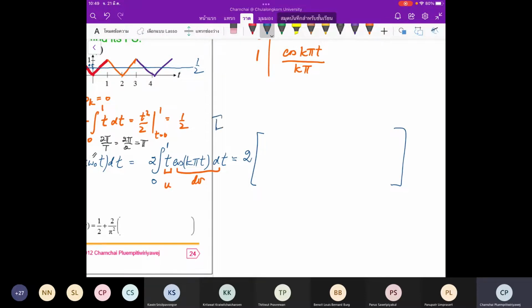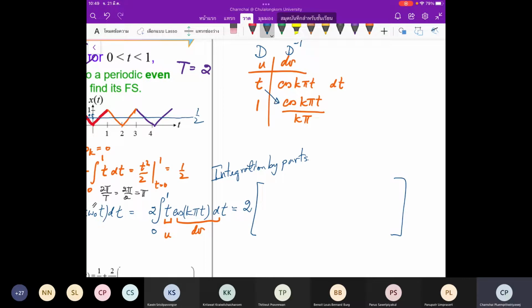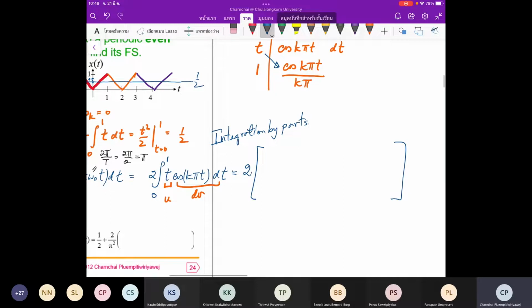This is integration by parts. So we have u times v. In other words, this is the u and this is the v. The top is dv, the bottom one is the v. So we got t cosine k pi t over k pi, minus the integral from 0 to 1 of v du.